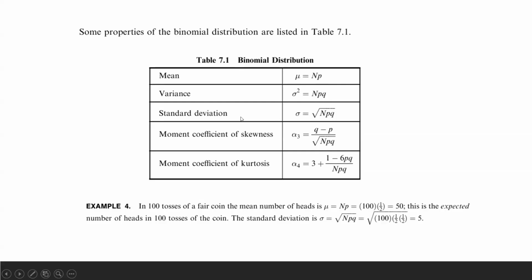Then how to calculate standard deviation? It is the square root of variance, no? Write down this one also, okay?